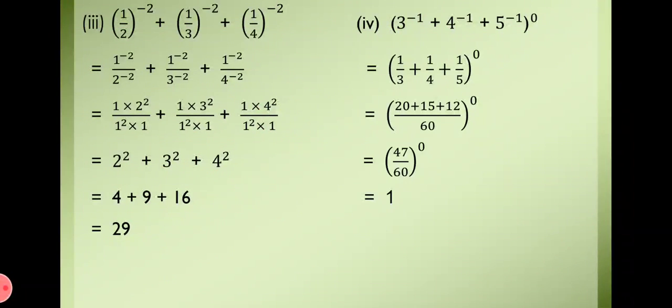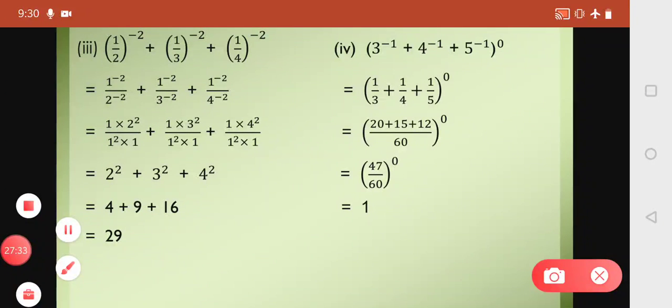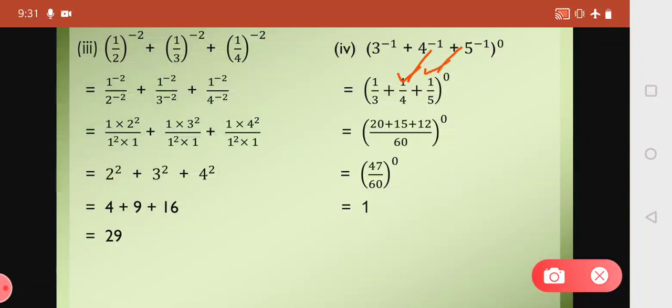Next, question number 4. 3 raised to minus 1 plus 4 raised to minus 1 plus 5 raised to minus 1 whole raised to 0. As the powers are negative, we will write the reciprocal, that is 1 upon 3 plus 1 upon 4 plus 1 upon 5 whole raised to 0.